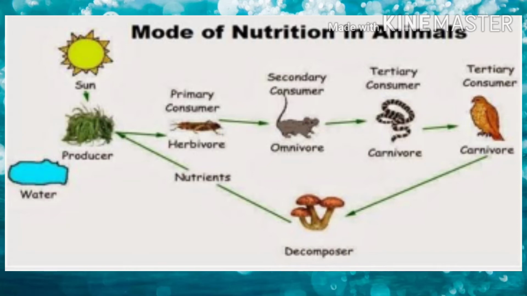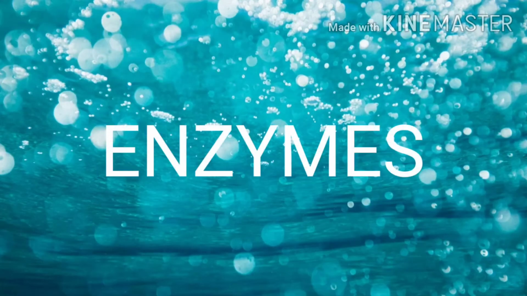This food is broken down with the help of enzymes. So that is the first difference between autotrophic and heterotrophic nutrition. And in autotrophic nutrition, the plants synthesize their own food, whereas in heterotrophic nutrition, they depend upon the autotrophs for food directly or indirectly.